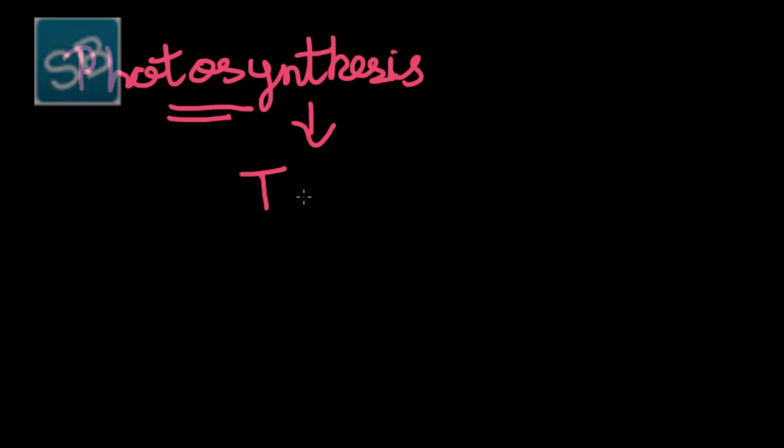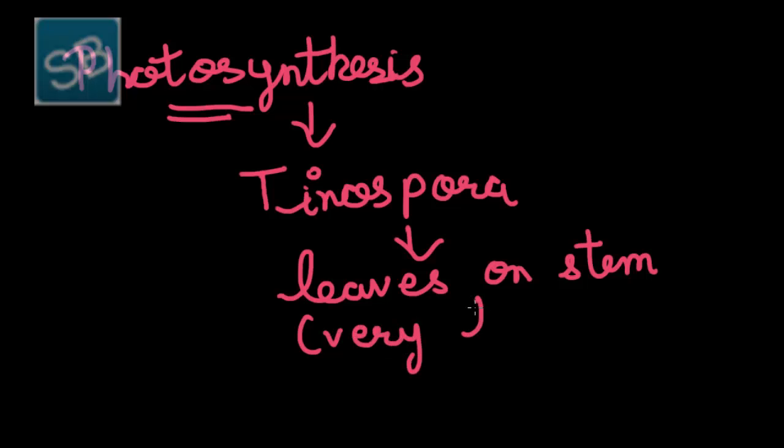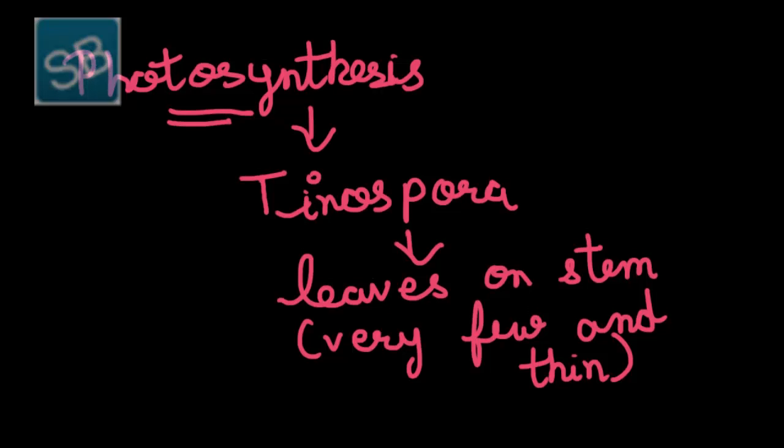Few plants like Ctenopsis have very few and thin leaves on their stem, due to which the photosynthesis carried out by their leaves is not up to the level. So, in order to fulfill the food requirement of the plant, specialized adventitious roots are developed.